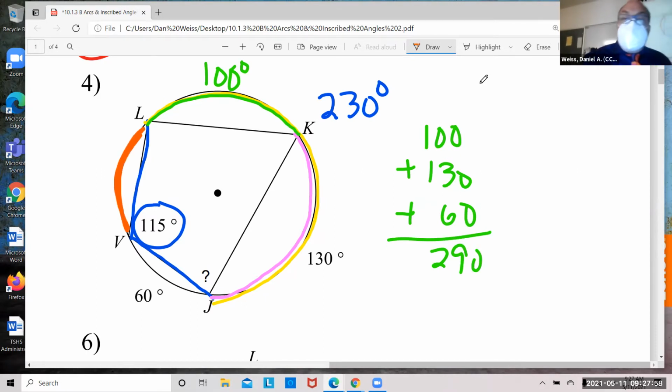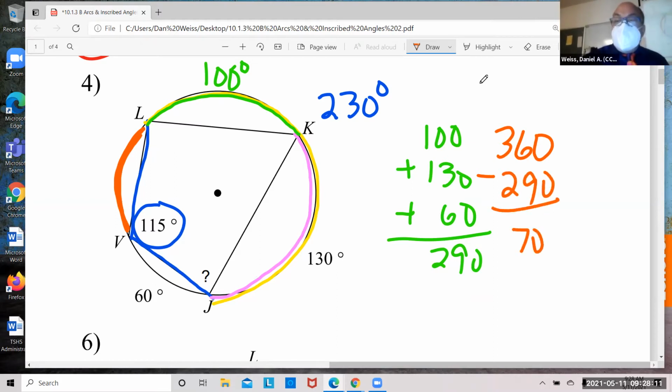This arc is going to be my 360, the entire circle, minus all the rest added together, which is 290. Which means what's left is 70. So this here is 70. Right?